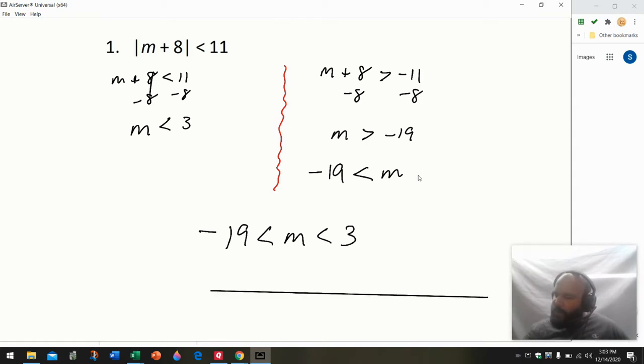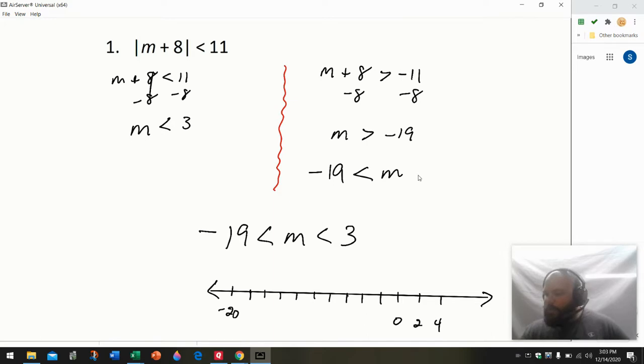So I'm going to draw my line. And then I'm actually going to count by twos. So it's going to be negative 20, and then 18, 16, 14, 12, 10, 8, 6, 4, 2, 0, and then 2, and then we're going to go to 4 right there.